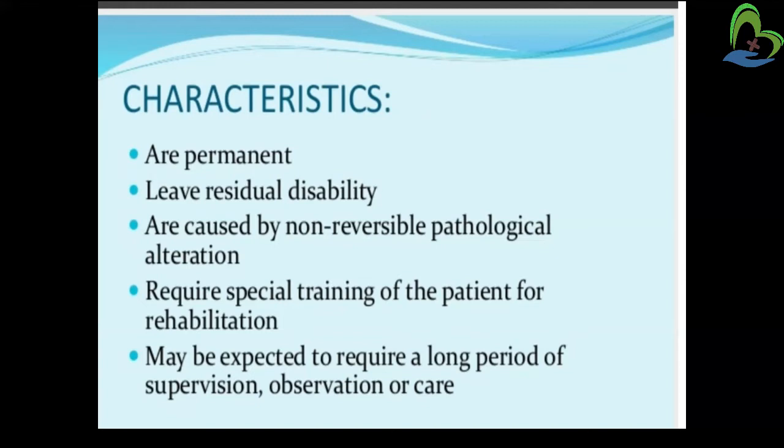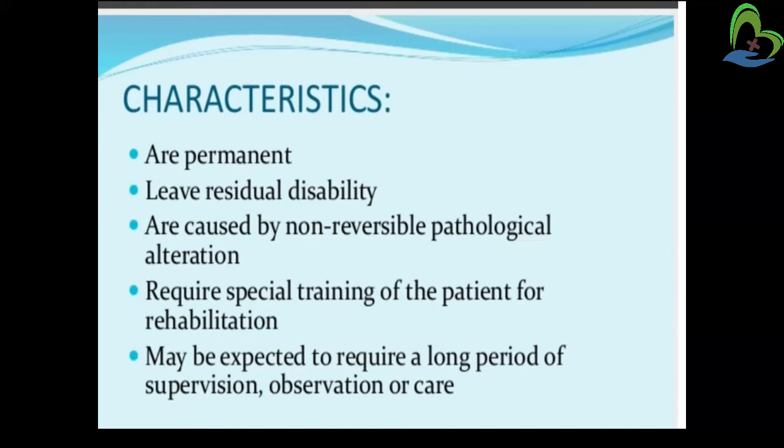Then, they require special training of the patient for rehabilitation. What is the meaning of rehabilitation? We cannot cure that disease, but we can control it. Rehabilitation means the care which is provided to the person for controlling symptoms. In non-communicable disease all the patients need rehabilitation.